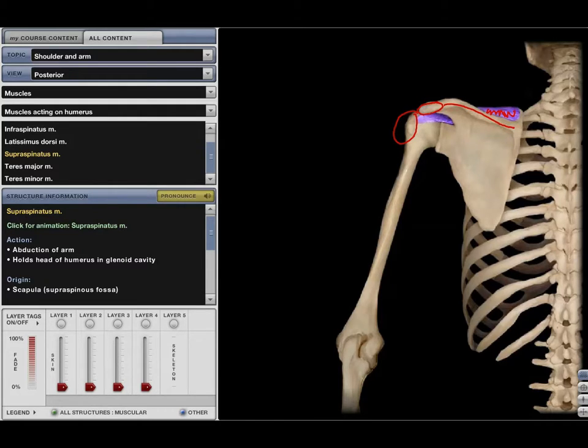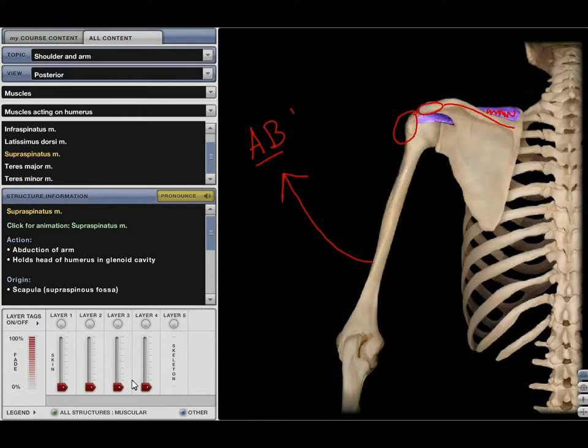Let's talk about the action of the supraspinatus muscle. If you contract this muscle and shorten it, what do you think is going to happen to the humerus? Well, the action of the supraspinatus muscle is that it's going to move the humerus in this direction, away from the midline of the body. And if you remember, we call that abduction.